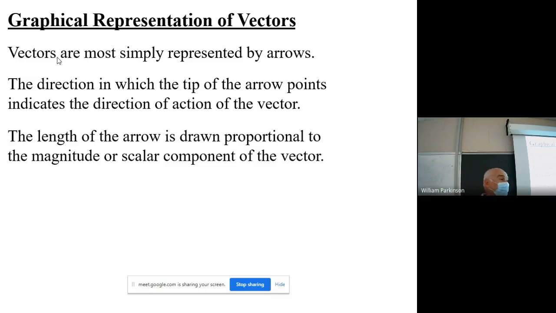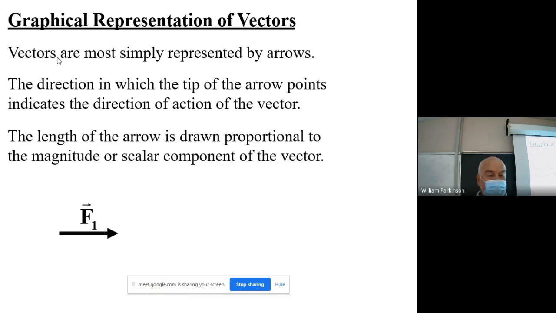The 3 inch long vector is representing 3 times the speed of the 1 inch long vector. So that's kind of combining the actions of magnitude and direction into a pictorial representation.